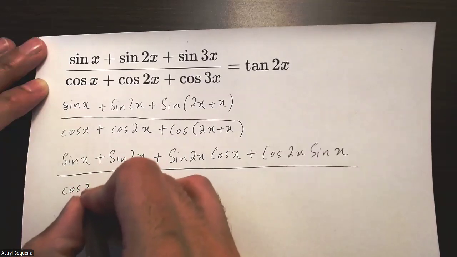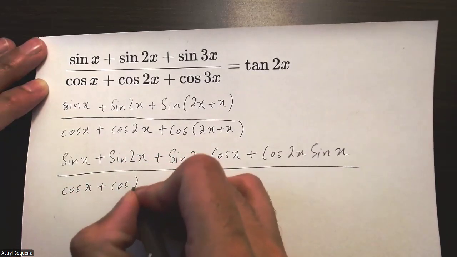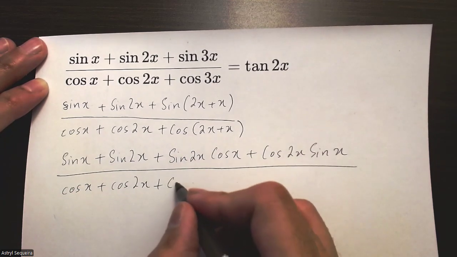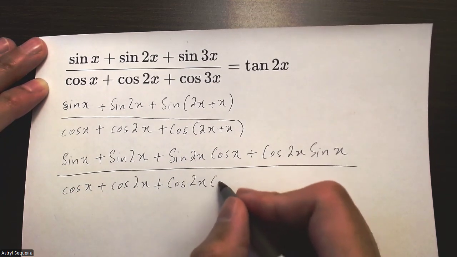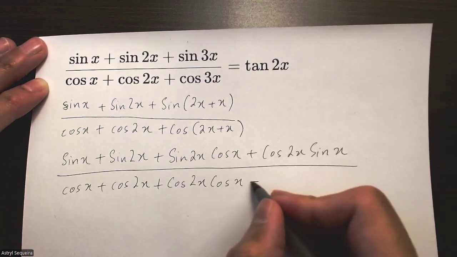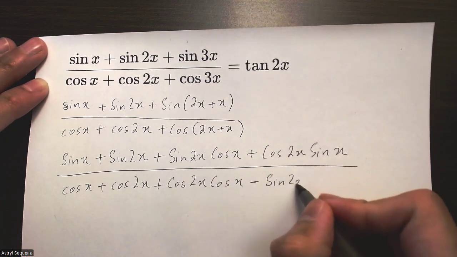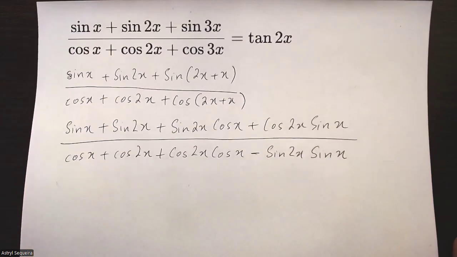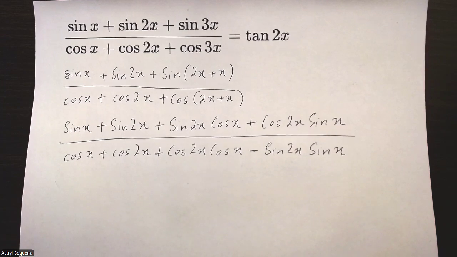And let's do the same for the bottom for the cos one. Cos A cos B minus sine A sine B. That's the addition formula for cosine.